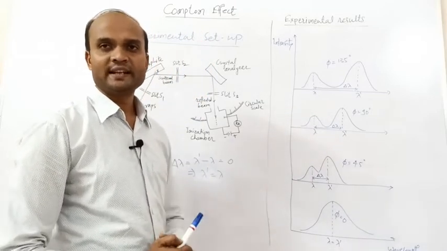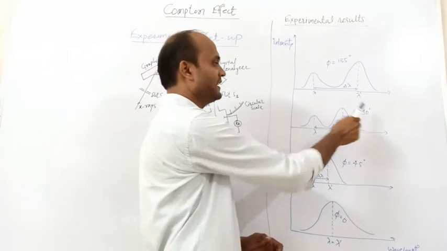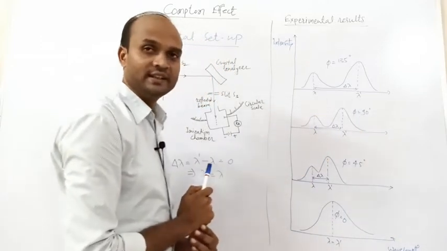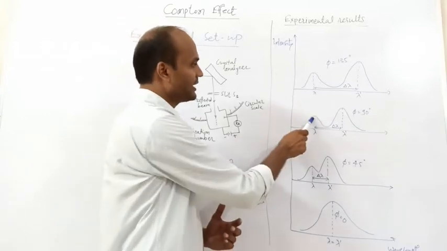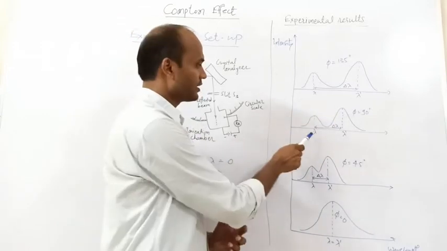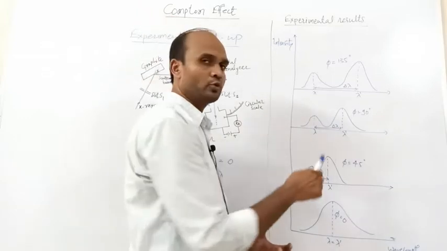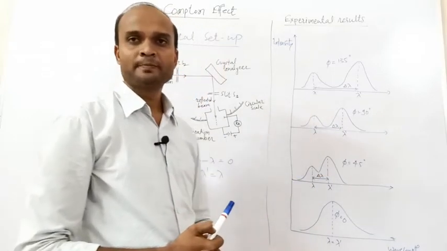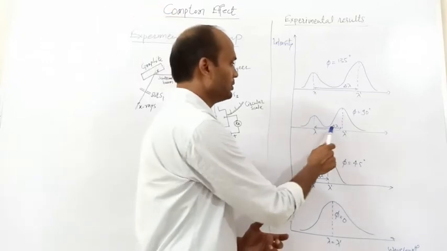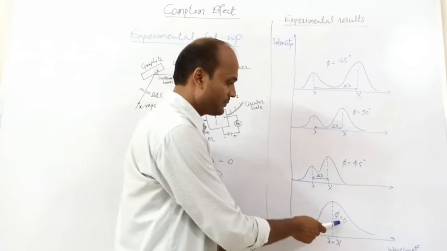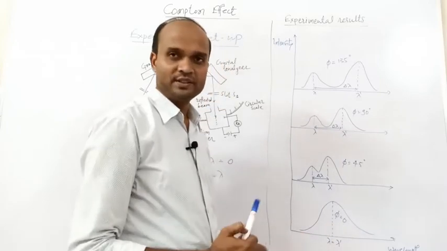Again increase the scattering angle phi. Now for 90 degrees, the graph between wavelength and reflected intensity is as shown in the figure. Again we get 2 intensity peaks. One corresponds to the original wavelength lambda, and the second peak corresponds to the longer wavelength lambda dash. The difference between the two is delta lambda. So initially when phi is equal to 0, Compton shift is 0.